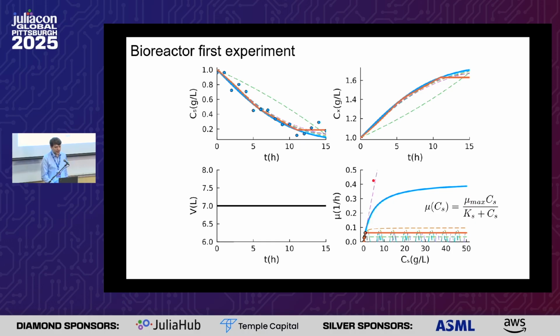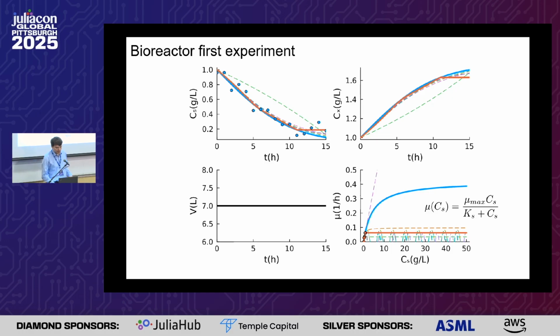We have a category of models that says the substrate concentration will increase, so this mu will continue to increase as the substrate concentration increases. And another category of potential models which says that it's going to remain low with an increase in the substrate concentration. So this is the growth rate that we have.